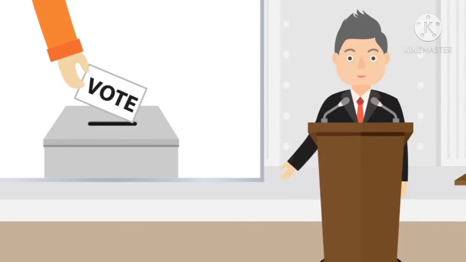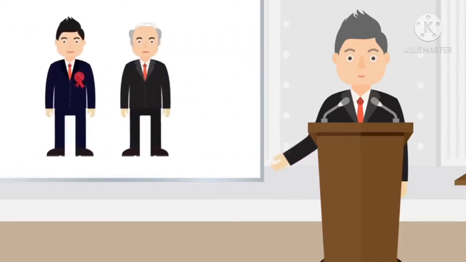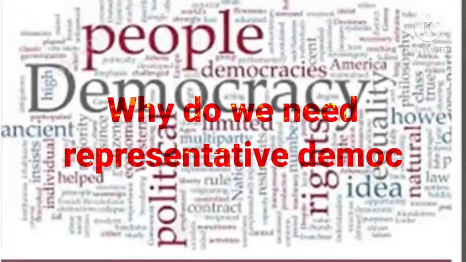Representatives should be sensitive to the people's needs because if they fail, they could be voted out in the next election. So the major difference is that in direct democracy, the people deliberate on their issues, while in indirect democracy, representatives represent the people in decision making.